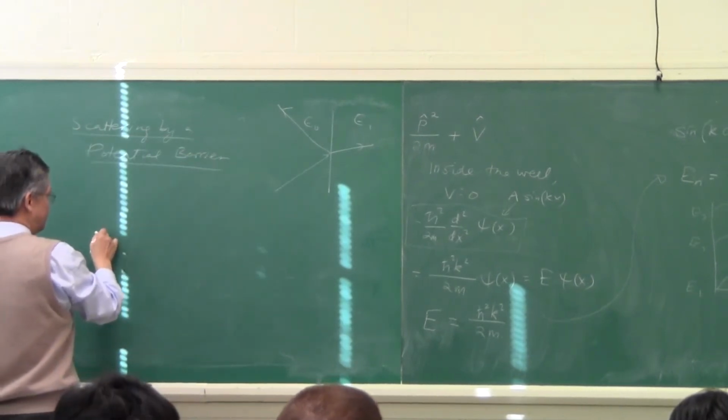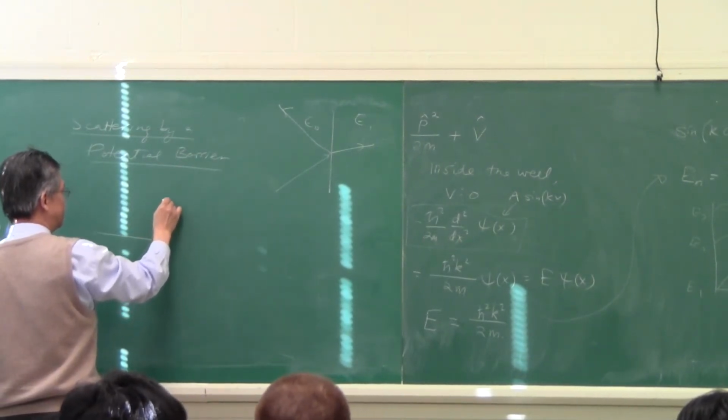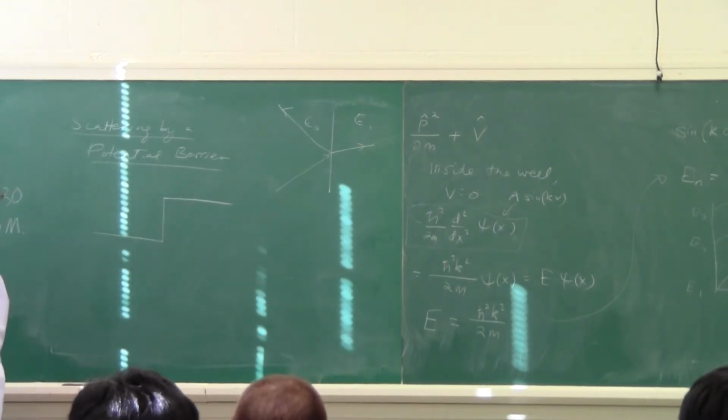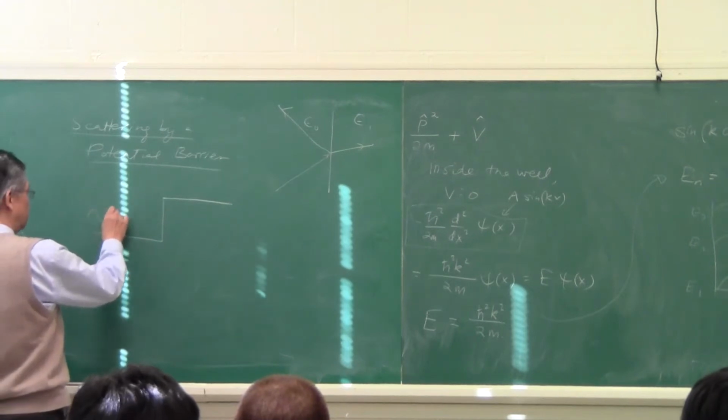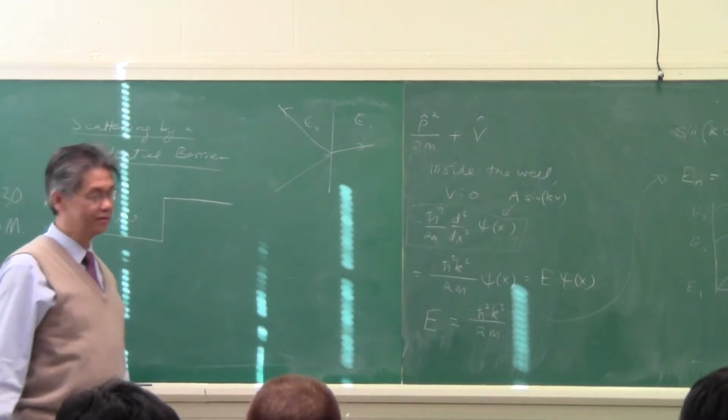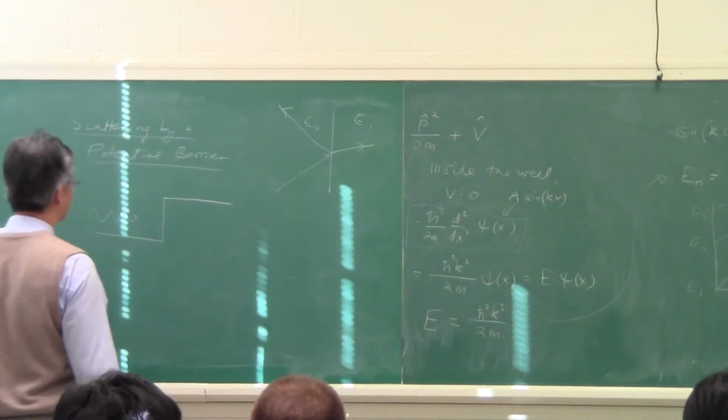So what you have here is a potential jump that looks something like this. And if you send in a particle over here, how does the particle behave? This is very much like that problem over there.